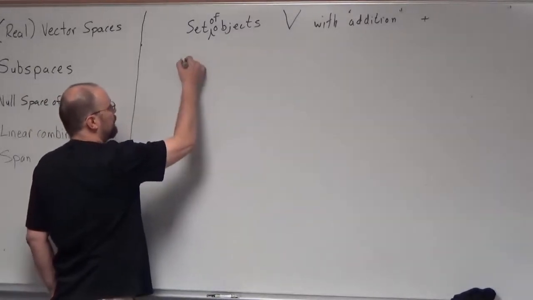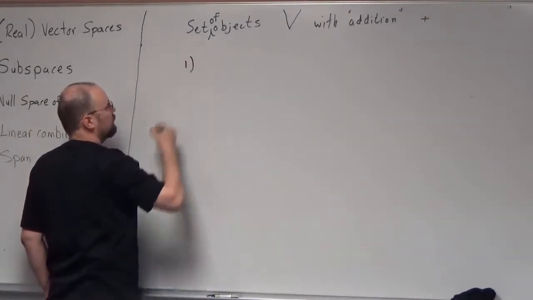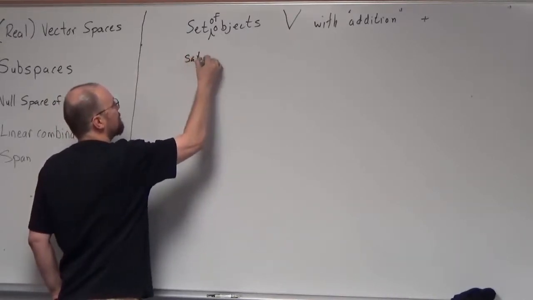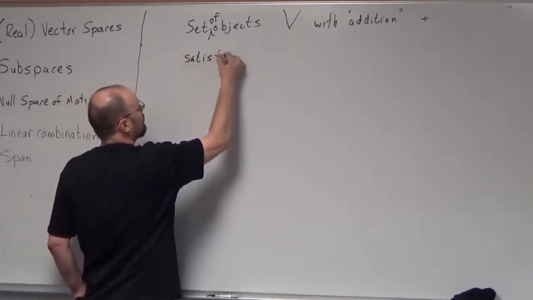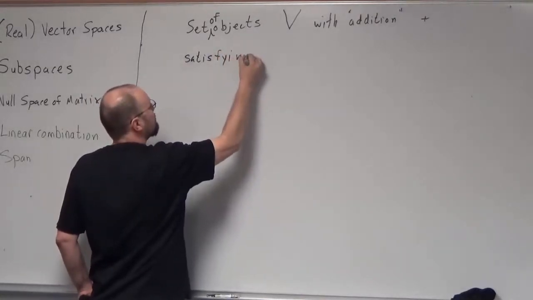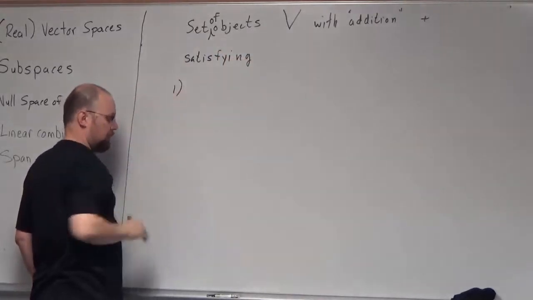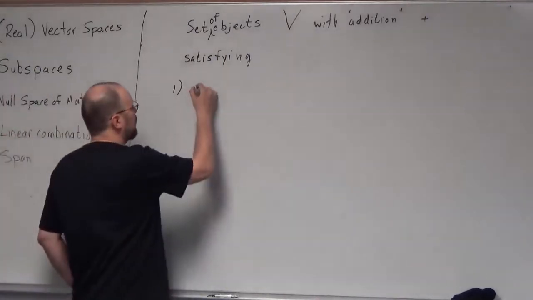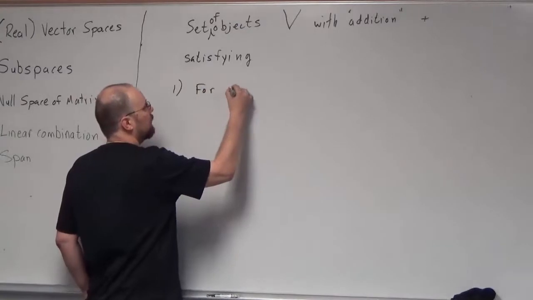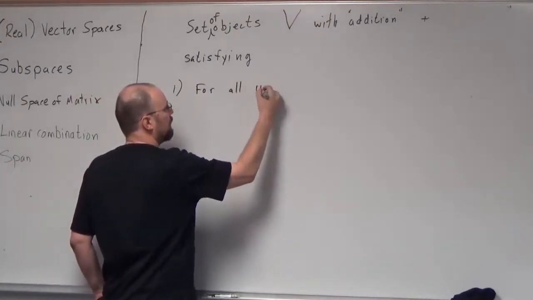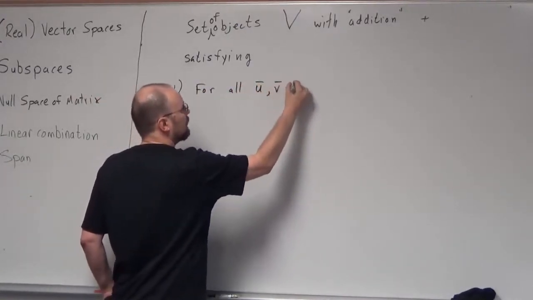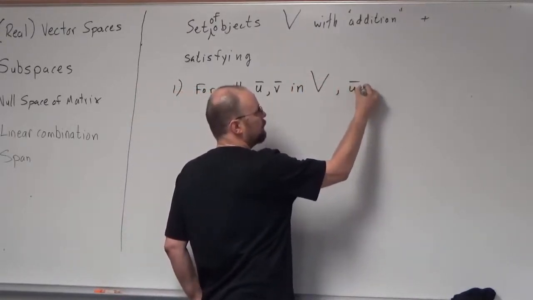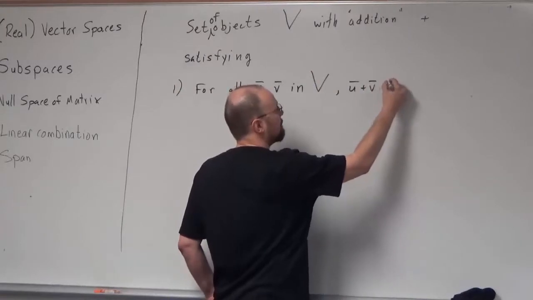So I'm going to list the axioms. The first several axioms have to do with vector addition. For all elements, call them u and v, in our set, if you add these two objects, you get something that's in the set.